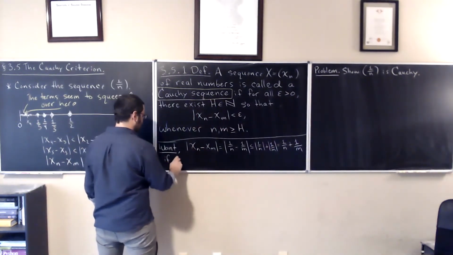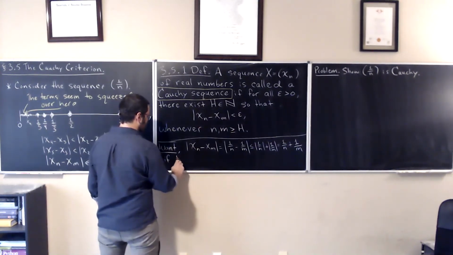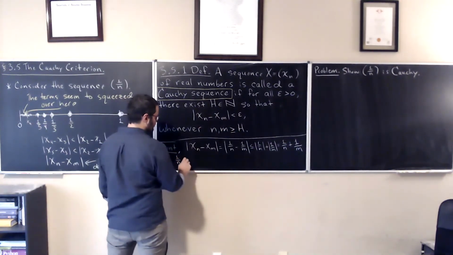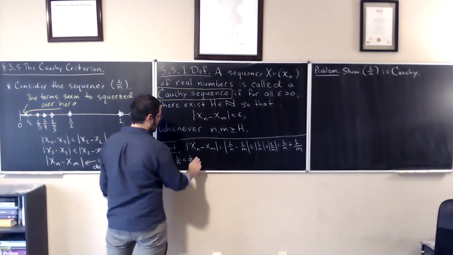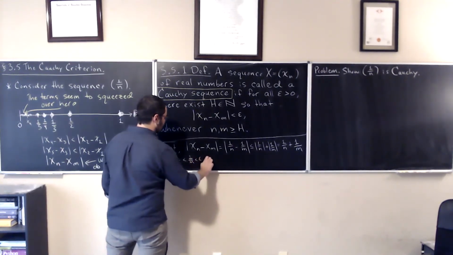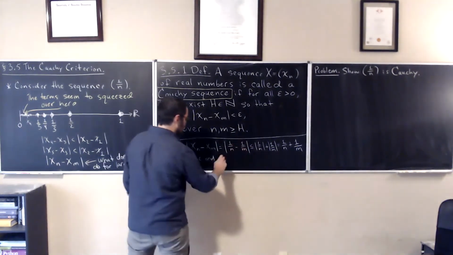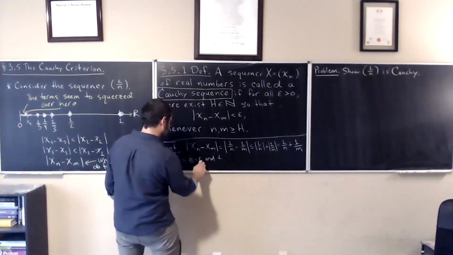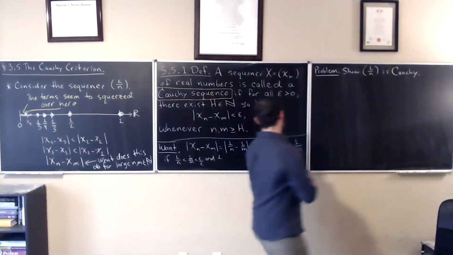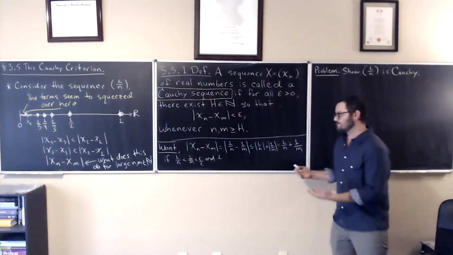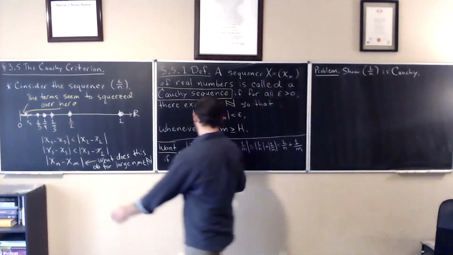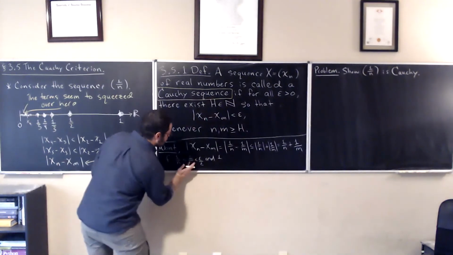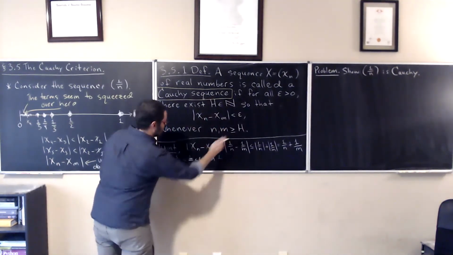So I can see right now that if 1 over n is less than or equal to 1 over h, which is less than epsilon over 2, because I'm going to add those epsilons together. Again, constants don't matter when you're multiplying an epsilon because it's arbitrarily small, but just to make it look nice. Oh, no, not m, we're using h. Sorry.